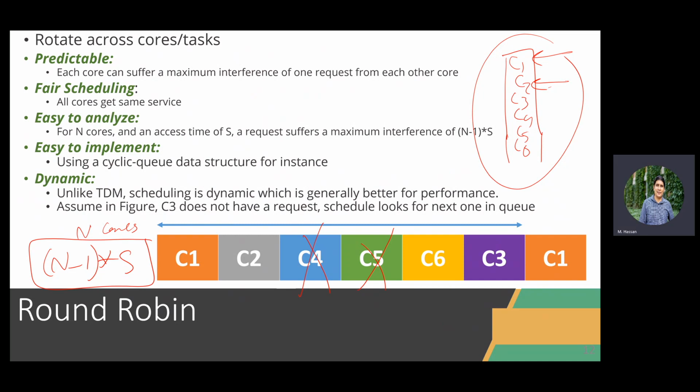It will finish earlier, because if you look into the circular queue, it does not have to wait for C4 or C5. So I take less latency, which means my worst case latency is not always equal to my actual execution latency. There is variability. This variability will depend on what the other cores are doing, and hence I'm not composable. So round robin is predictable, but not composable, for that specific reason. Good.